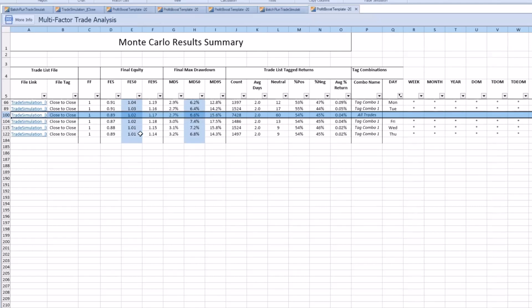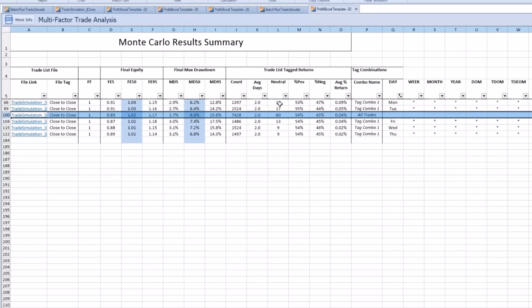And here are the numbers. They're pretty close, but Monday is quite a distinctive winner here at 1.04, with 53% positive, 47% negative.